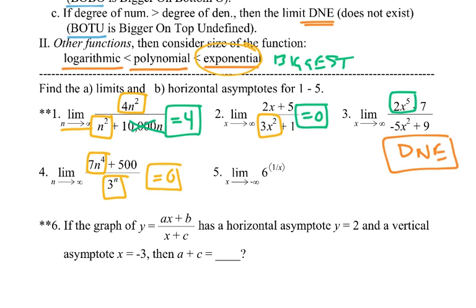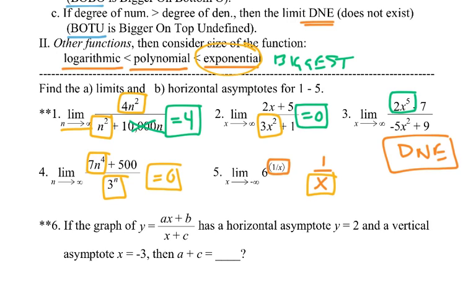Number 5, here we've got a function to the power of a rational function. So the rational function is actually in the power. If we just focus on 1 over x, then we've got a situation where it's bigger on bottom. X to the 1st is bigger than 1.